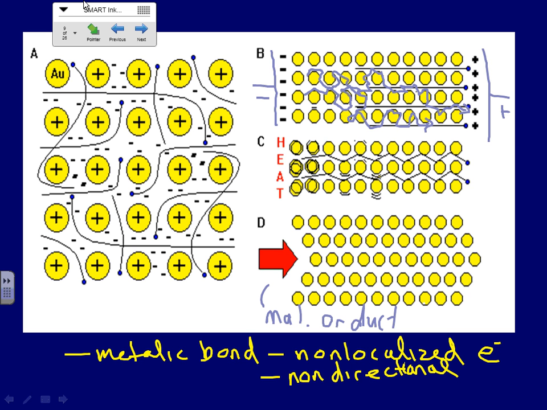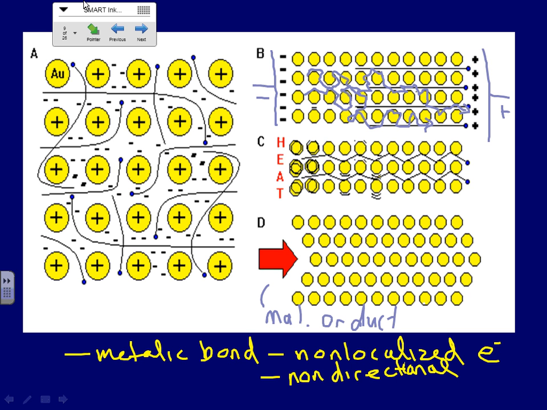So you can take a piece of metal and bend it, and all you're doing is deforming that bond, but it doesn't let go because it's not directional. So you can change the direction of the bonds. You can manipulate the position of the nuclei, and that bond will just manipulate and stretch.